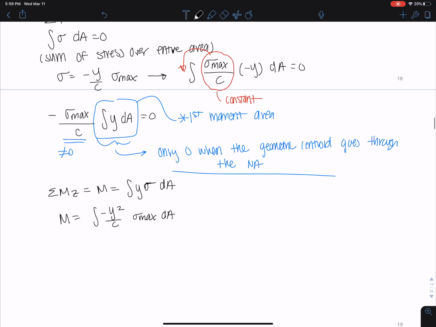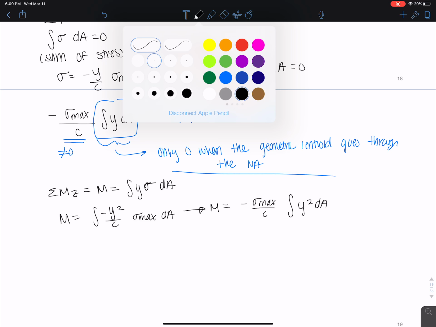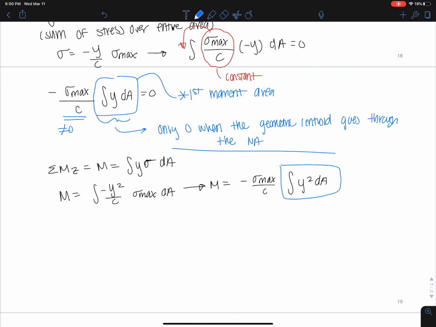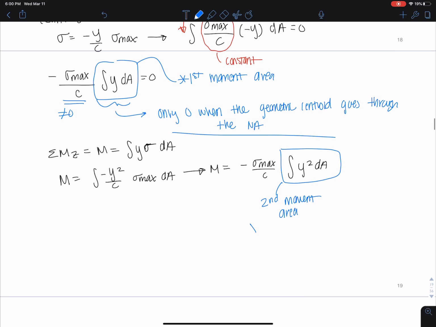Once again, sigma max over c is a constant, so we can say that M equals negative sigma max over c times the integral of y squared dA. And this is also a special integral. This is our second moment of area, and this is actually our moment of inertia.